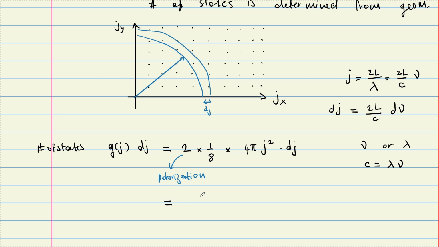Then I'm going to just write these things. Actually, let me write everything. So j square is going to be replaced with 4L square divided by c square times nu squared, and dj is going to be replaced with this, right?